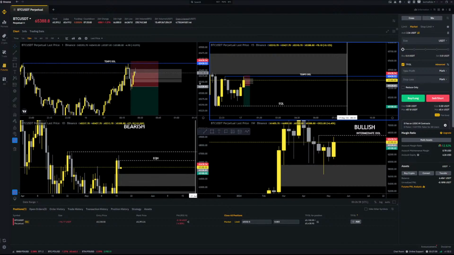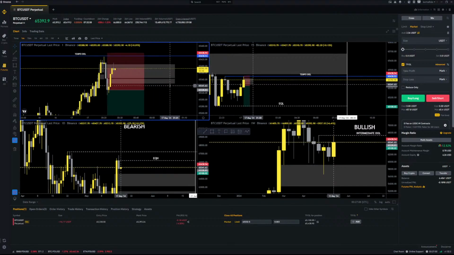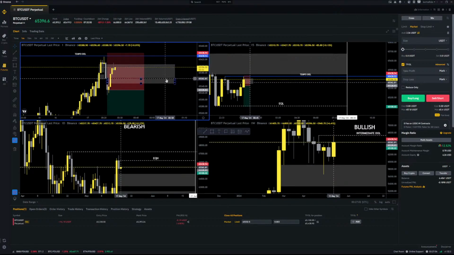But we have created another fair value gap, which is kind of weird, which shouldn't be that way, because this is a price. It's called BPR, balance price range. This area will be much stronger to push the price higher.